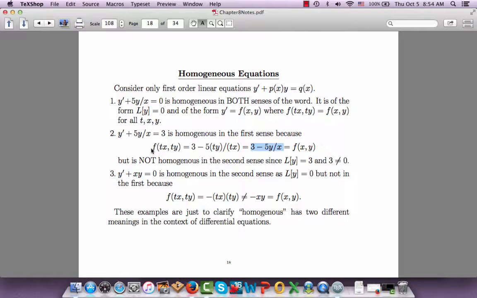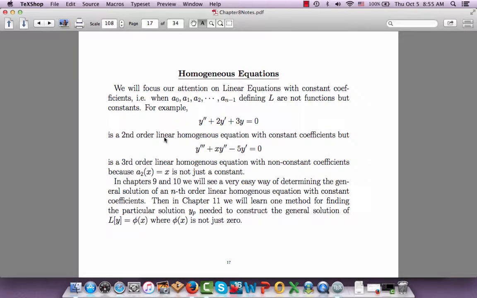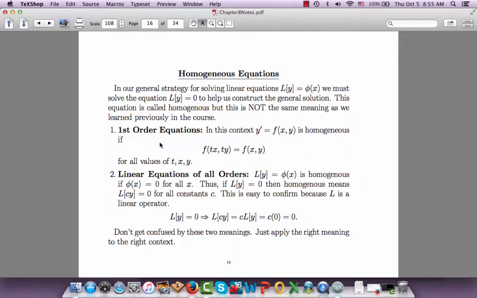This still satisfies the first definition that we talked about for homogeneous. So this equation is a first-order homogeneous equation, and it is a linear equation, but it's not homogeneous in the sense that the right-hand side of the equation is 0, because it's not. So it satisfies the first type of homogeneous equation, but it doesn't satisfy the second type that we talked about in the previous slide.